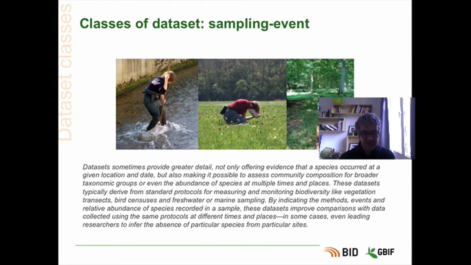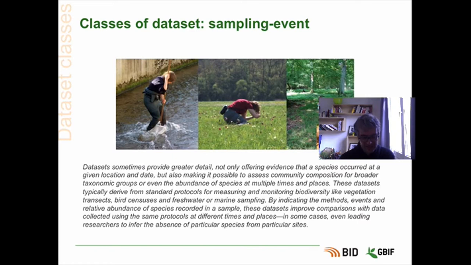The last class of dataset that can be published at GBIF is called sampling event. It's data that's obtained by applying standard protocols for measuring and monitoring biodiversity, such as vegetation transects or marine sampling. The use of protocols allows comparison because they can be repeated in time and in space.